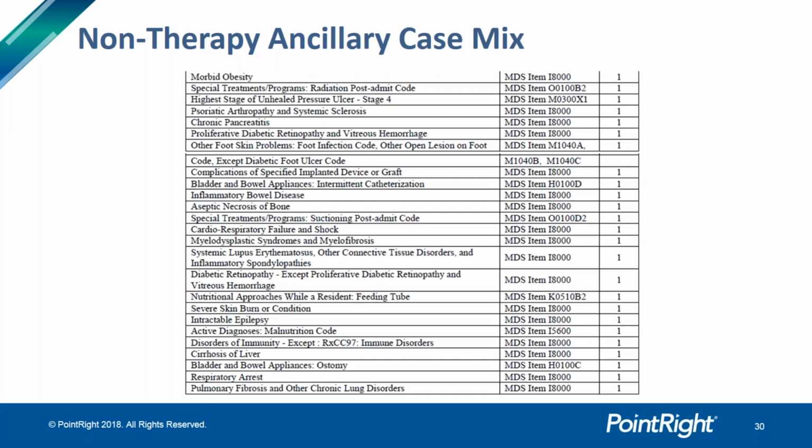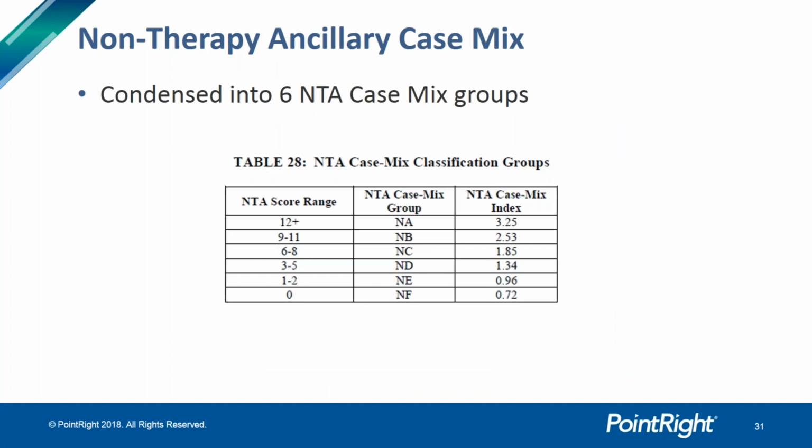So here are the additional top 50 costs. And here's the classification group, as I mentioned. So you'll notice it's a score range where they're summing each of those NTAs that the resident is coded for, adding them up, and that puts them into a bucket. So obviously, the more NTA resources that are needed, the higher the case mix.